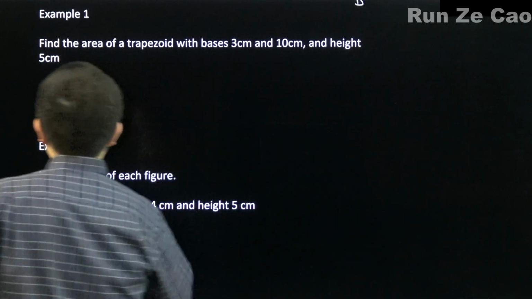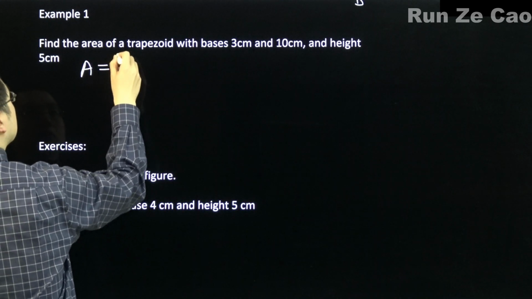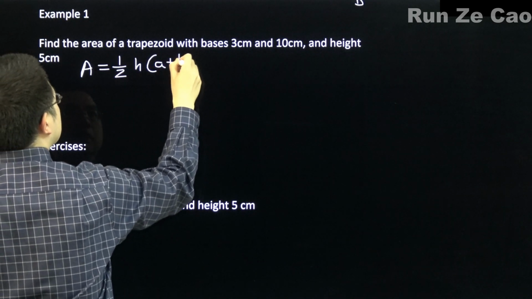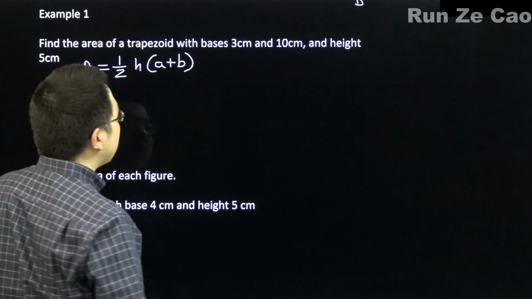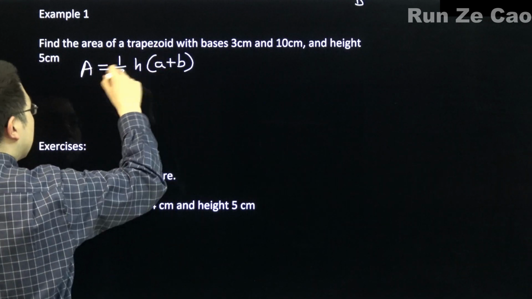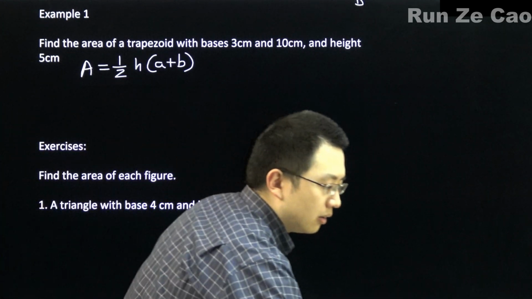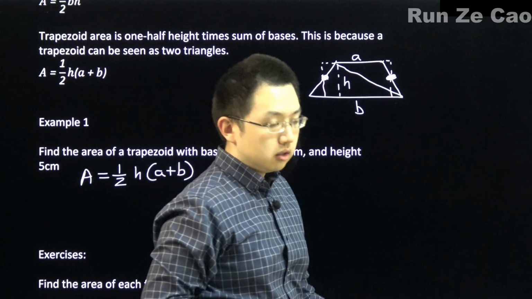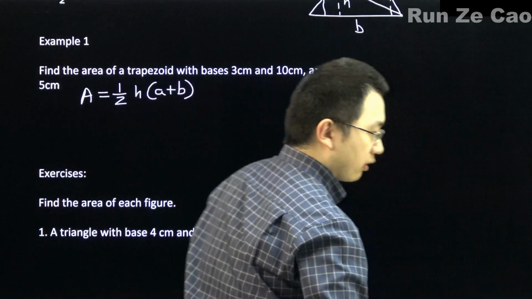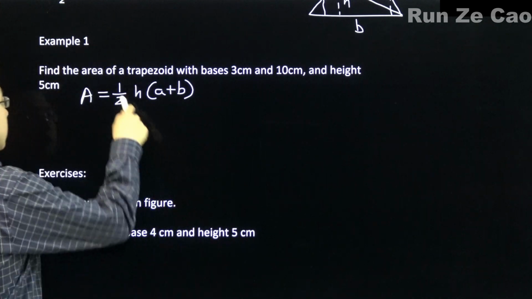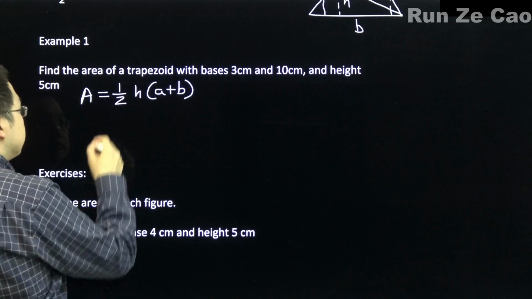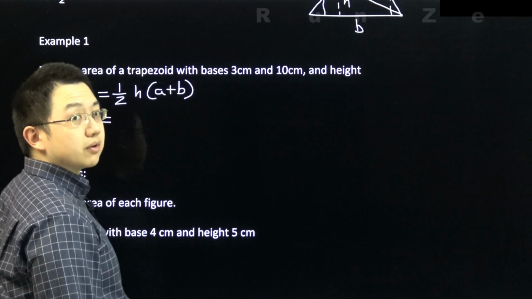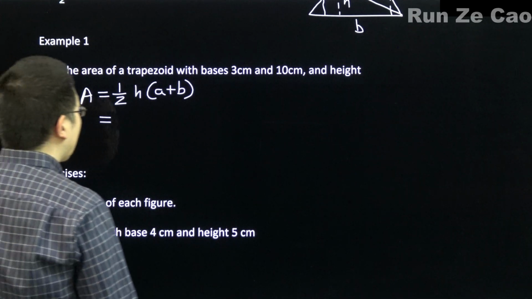The area is equal to 1/2 height times A plus B. Depending on which convention you follow, you could have A plus B over 2, so the average of A plus B, which, by the way, is derived from the congruent triangles method of derivation for this formula, times H. But this method is also, they're the same. So either way is good enough. It works.